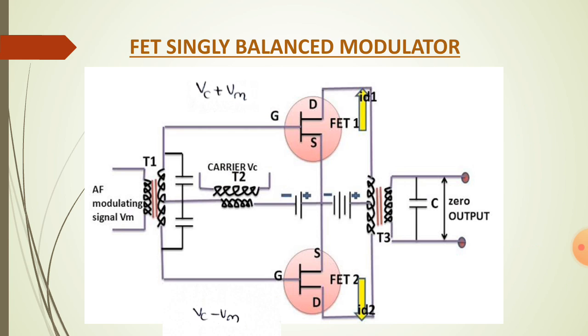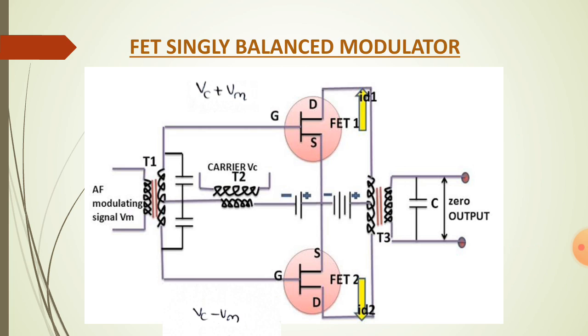Now we can see a commonly used balanced modulator, that is the FET singly balanced modulator. In this circuit diagram we can see it consists mainly of transformers, field effect transistors and some biasing voltages.